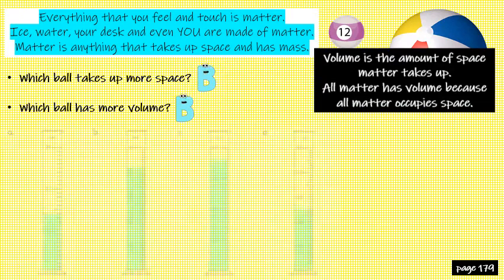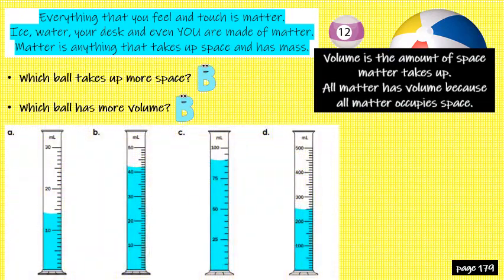What about the volume of the liquids in these graduated cylinders? We have 4 graduated cylinders in which we have liquids with different volumes. As I said before, you have to be careful and identify the scale used before starting to read the volume of the liquid. Let's take a look at the first one.